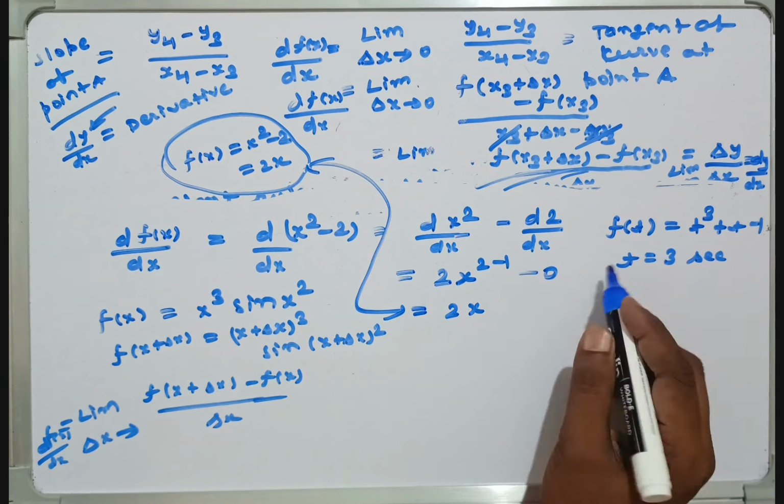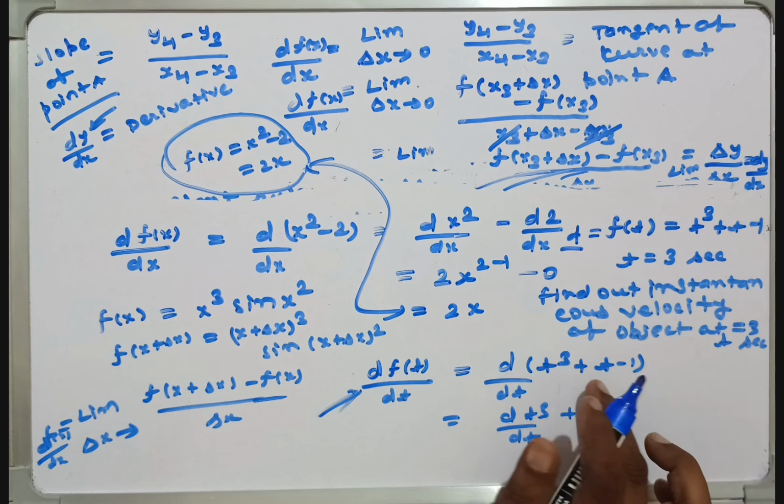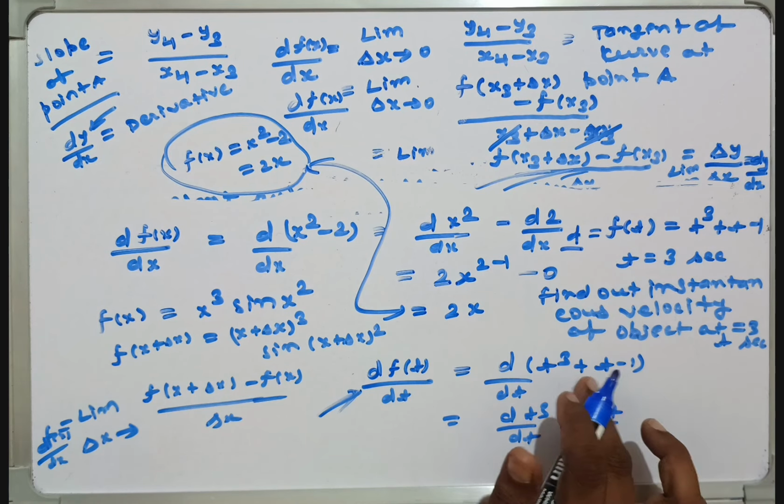See. We can write it like this: d of t cube by dt, separating each term individually, and writing the sign given with the coefficient. This one has a positive coefficient, so it comes plus; here the coefficient is minus, so write minus, then d of 1 by dt.